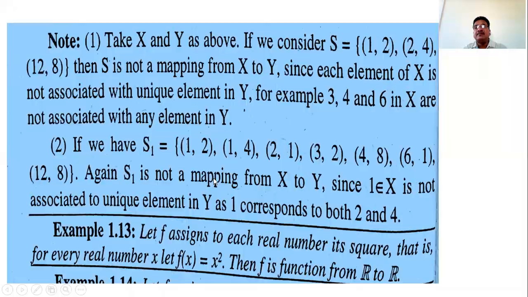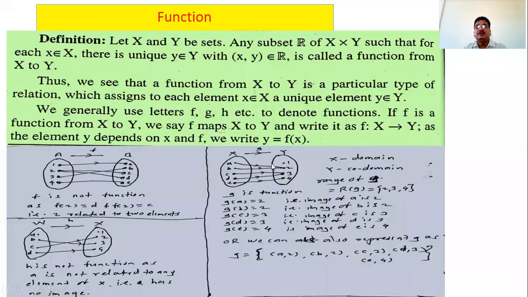In the previous example, the function G was denoted by a diagram, by a formula giving the image of each element, and also by a set of ordered pairs. So these are the three ways.